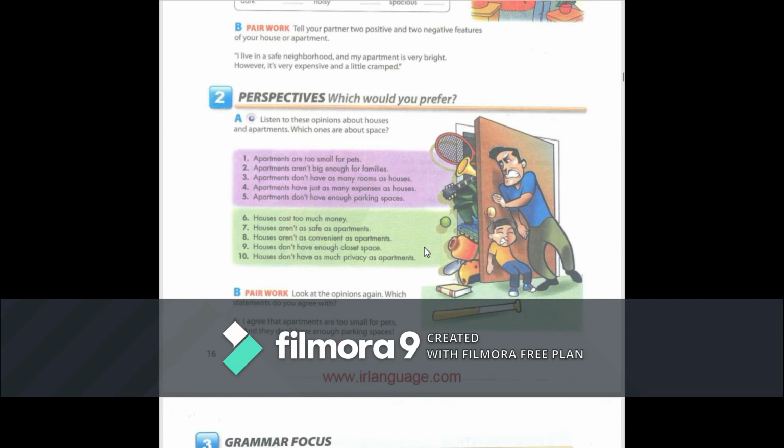If you have two or three floors in the house, obviously you're going to have a lot of places to use as a closet. So in my opinion, I disagree with that. There is enough space for closets. Closet means دولاب, or a place where you put your stuff, so it's called a closet. Houses don't have as much privacy as apartments.